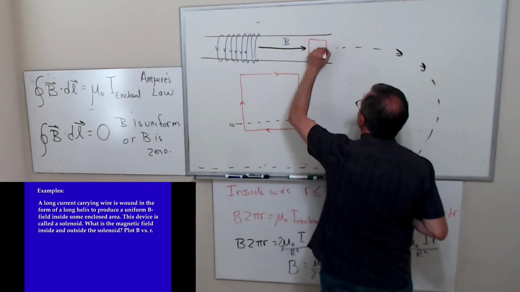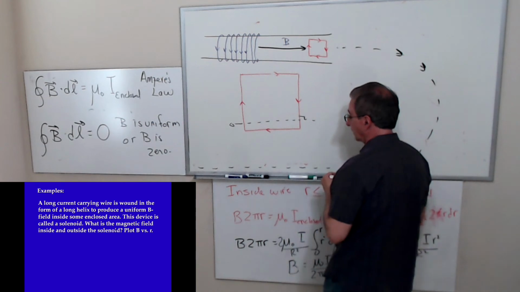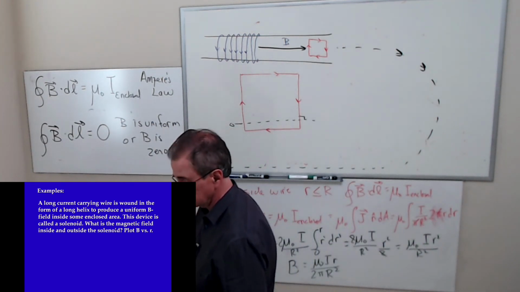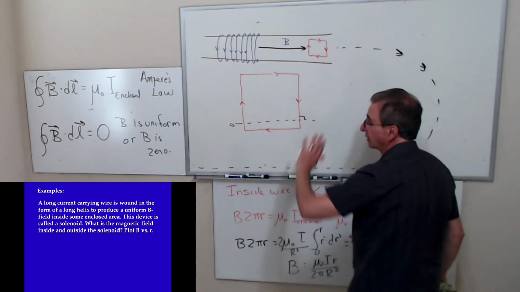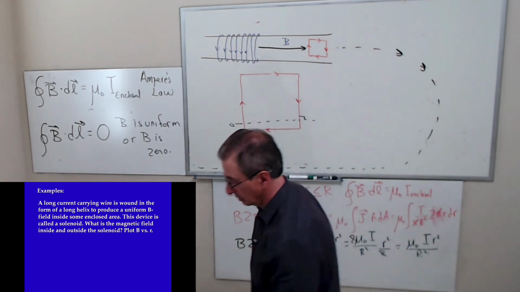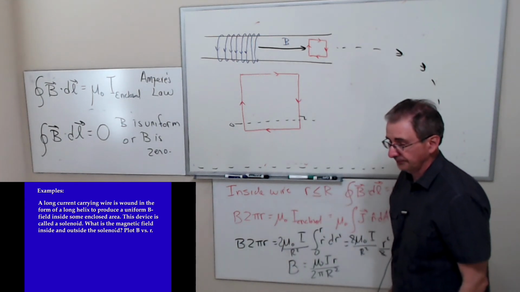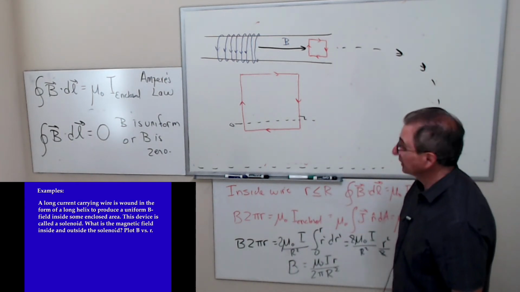Suppose I choose that loop, just inside the solenoid. What can I say? There is still no current, right?